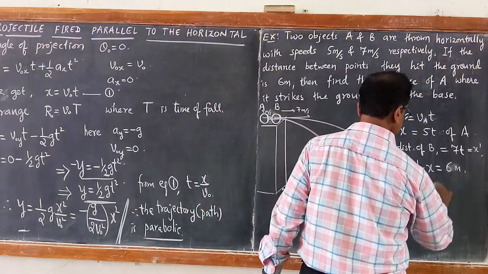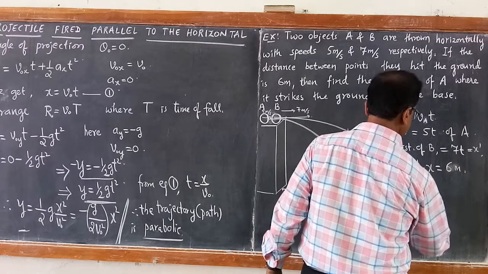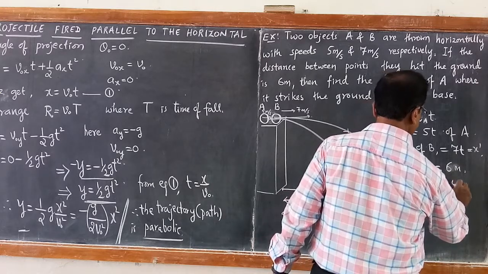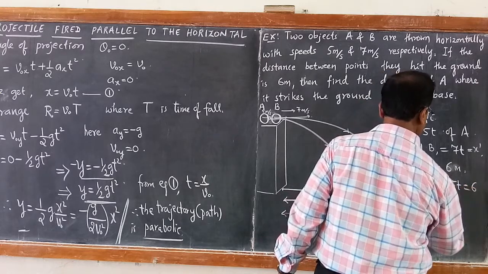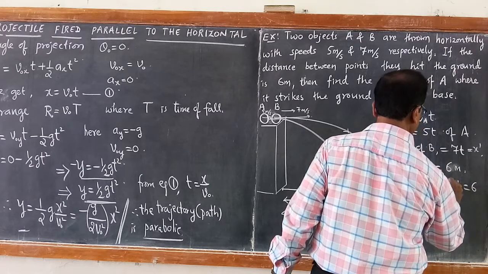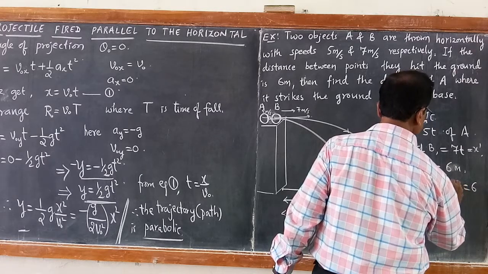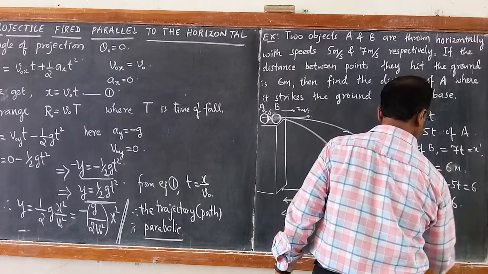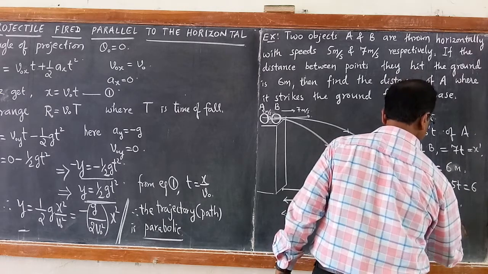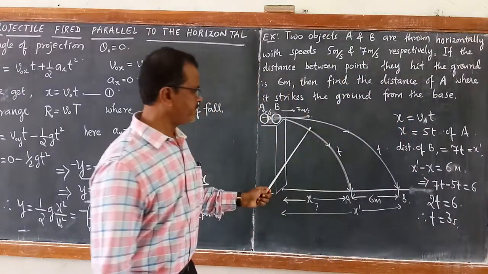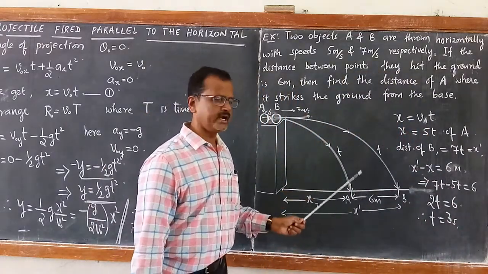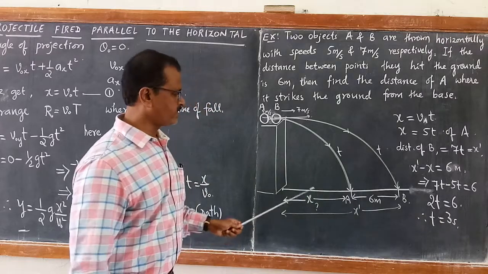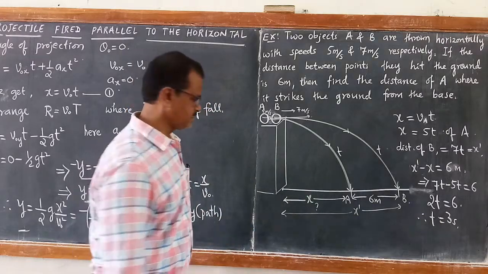Once you get 7t minus 5t equal to 6, this implies 2t equal to 6. Therefore, t is equal to 3 seconds. So the time taken to reach the ground by both A and B is 3 seconds. Now you can very easily calculate x.